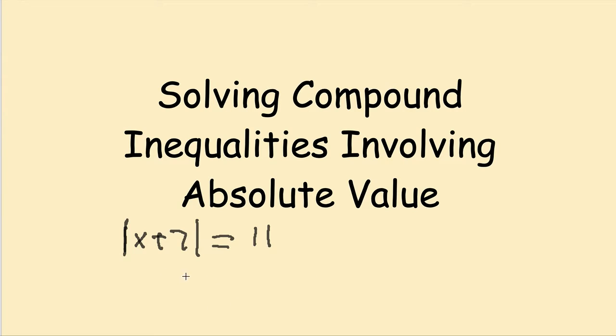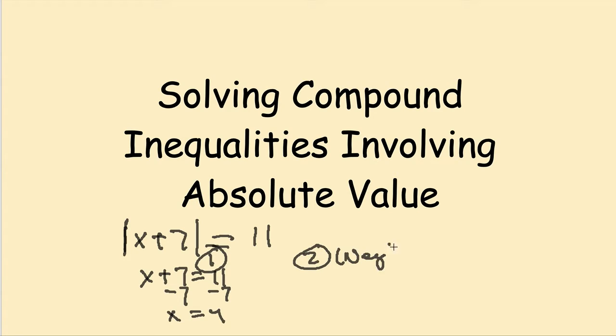So what we're going to do is, if you remember how we did these, your first case would be x plus 7 is equal to 11, and you would solve that in your traditional way. You get x is equal to 4. So that would be your first case. But your second case, which is the negative case, you would take what's in there and make it negative, and then you have to distribute that negative sign throughout the left side there.